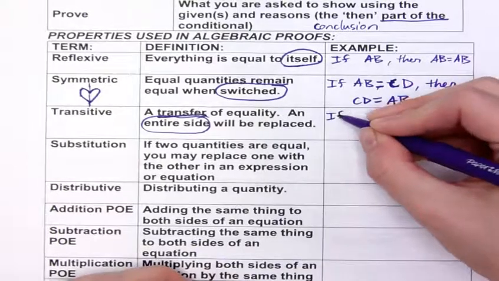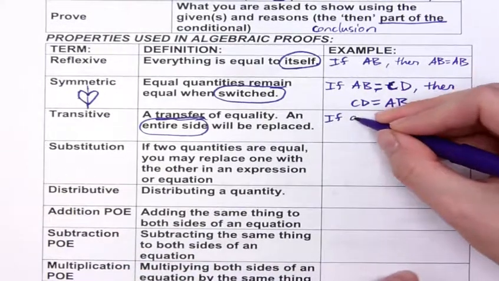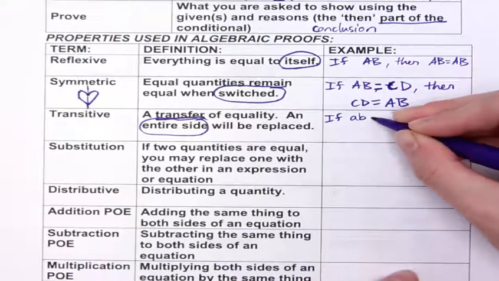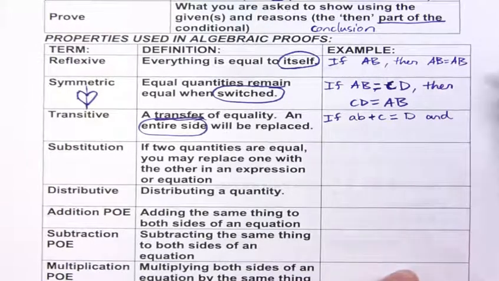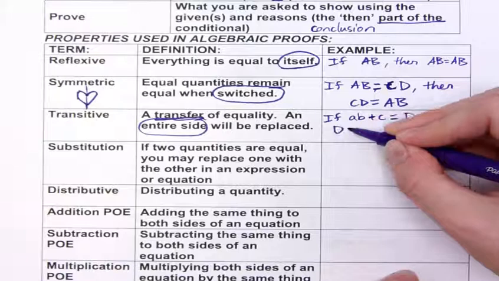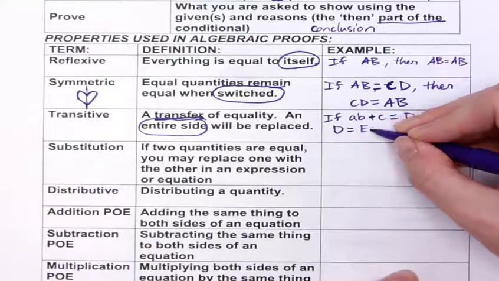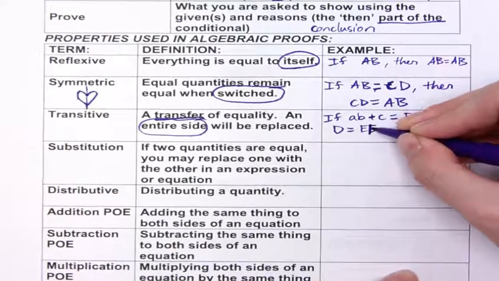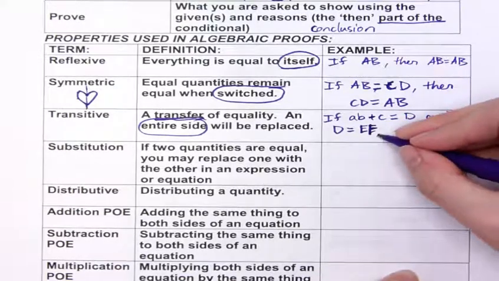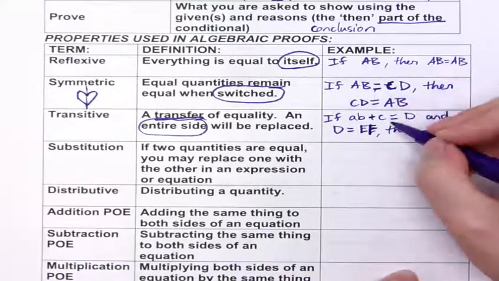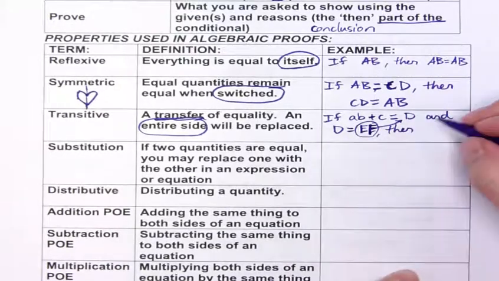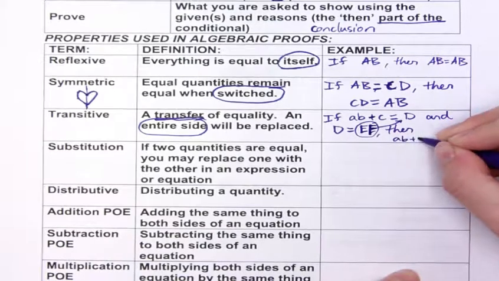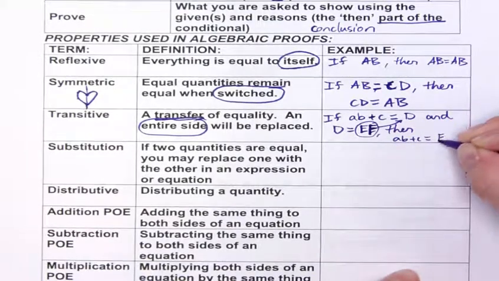So if I have AB plus C equals D, and D equals EF, then I can take my whole EF and plug it in for D, because they both equal D. So then AB plus C equals EF.